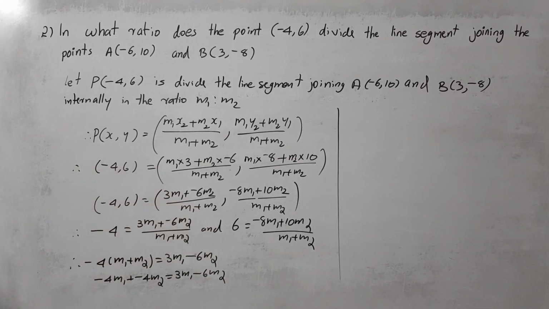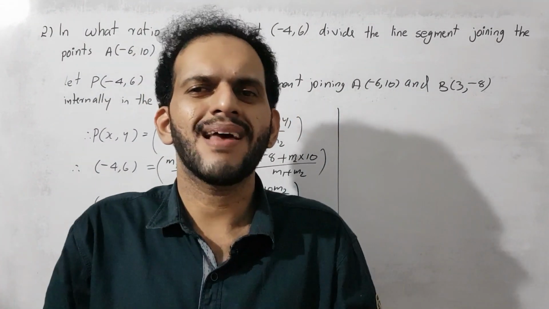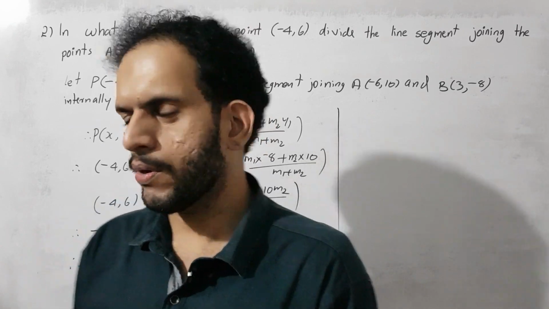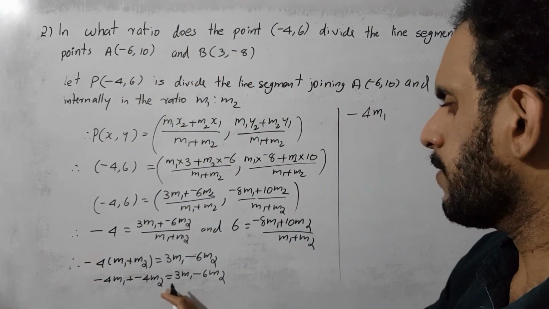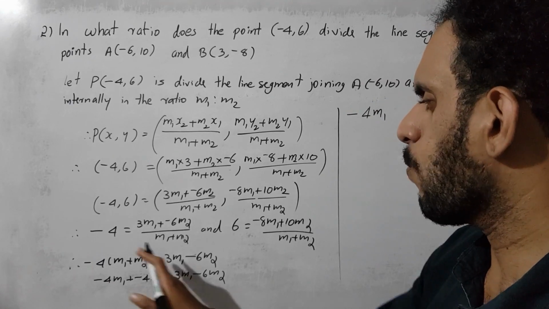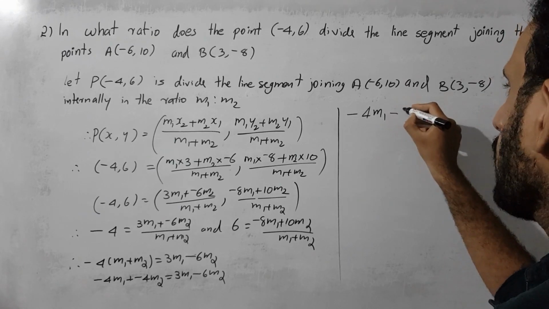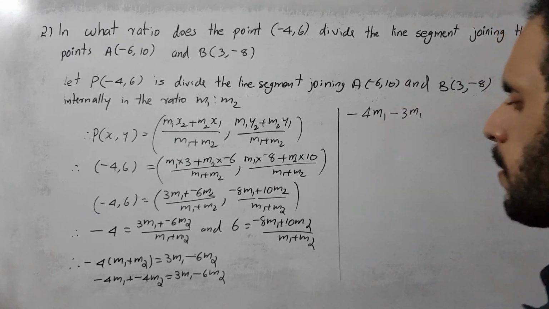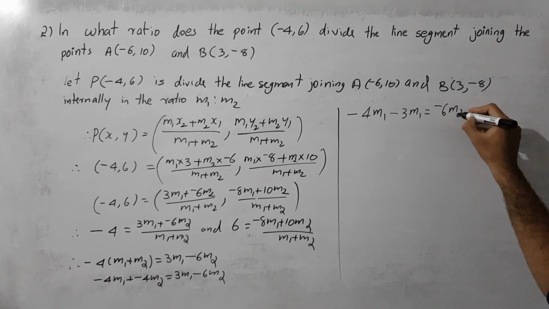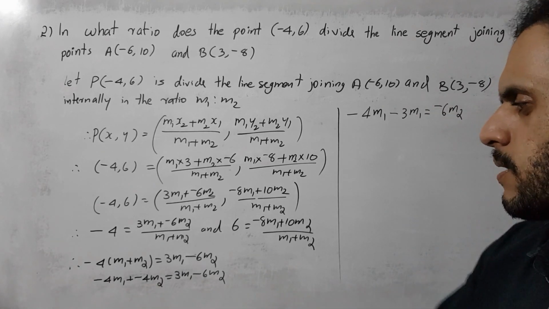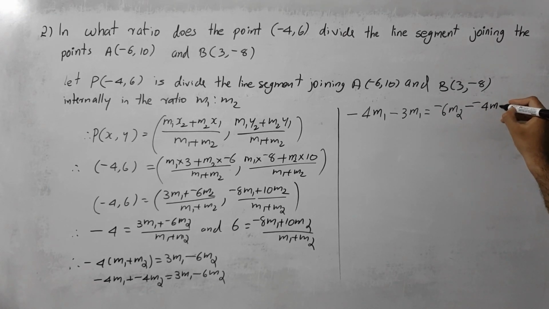Correct? Then next we do one thing. We take the m1 terms on one side and m2 terms on the other side. Minus 4m1, we transpose plus 3m1 to the LHS. Then what is the change? Minus 3m1 is equal, what is remaining here? Minus 6m2. Yes, the plus minus means minus 4m2.